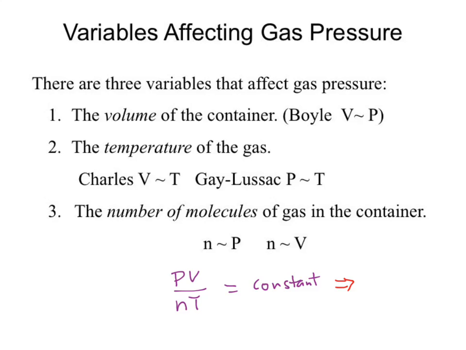Where does temperature need to be? The other side, so that we can see that relationship between them. So let's rearrange this equation. We'll get pressure on one side, and we want temperature on the other. So I'd have my constant. And how would temperature show up on the other side of the equation?